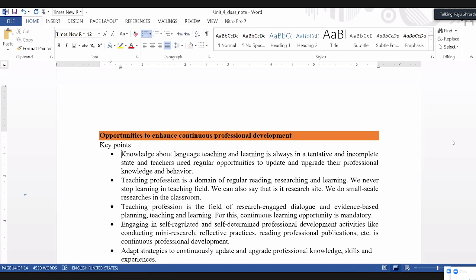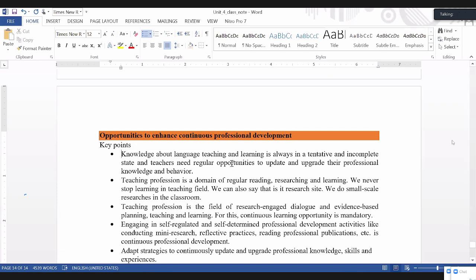The students have different expectations from the classroom, different learning experiences, different biographies. They are from different linguistic, cultural, and socioeconomic backgrounds. So addressing such diversity is of course challenging. Because of this, teaching becomes tentative, and regular opportunities to update, upgrade, and enhance professional knowledge are necessary.